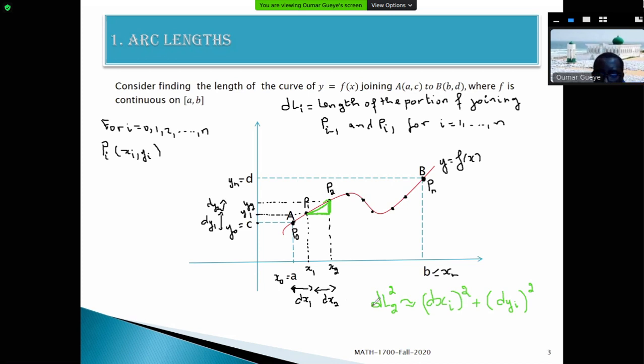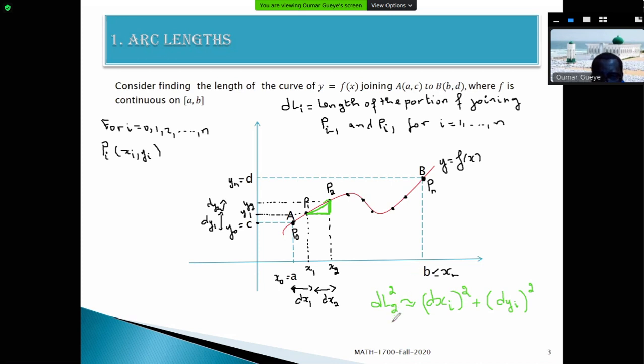What I did here for the second interval, x1, x2, I'm going to repeat for the first, the third, up to the last interval.